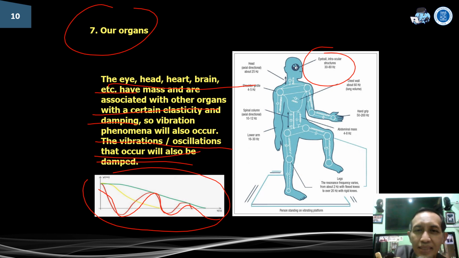And then the head has about 25 hertz. So every organ has a natural frequency.